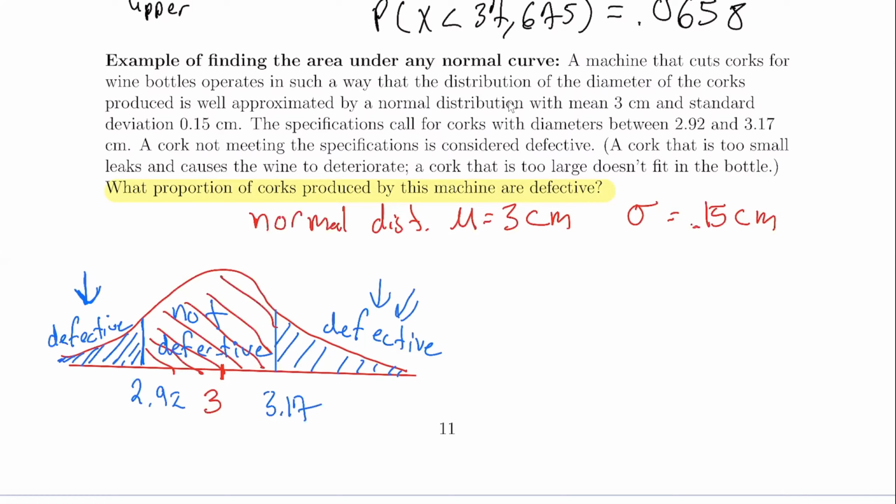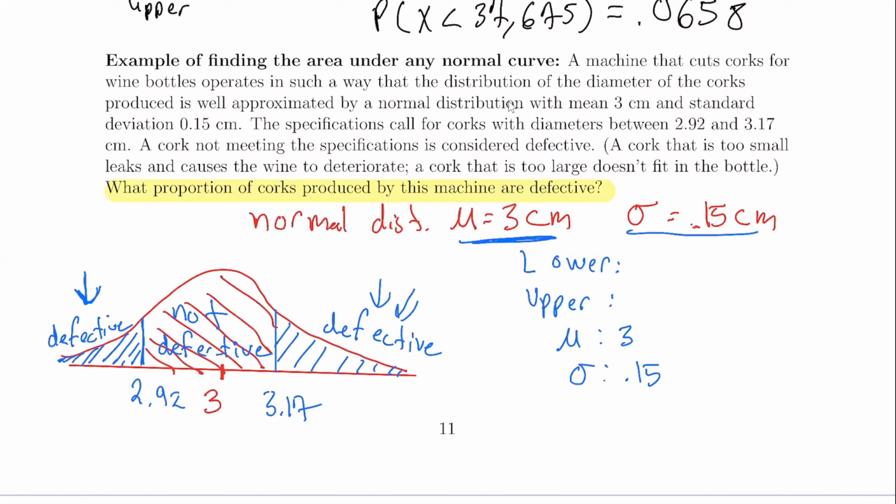Alrighty. So the first thing we're going to do is figure out what is the lower, what is the upper, what is our mu, what is our sigma. So mu is 3, because we already said mu is 3 centimeters, and our sigma is 0.15. In this case, what would be my lower?